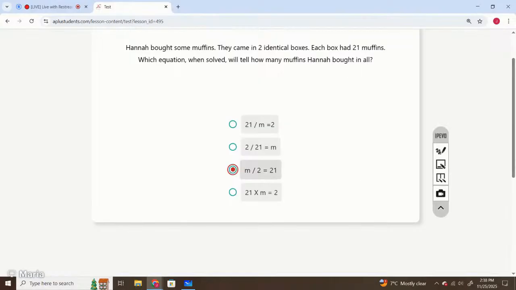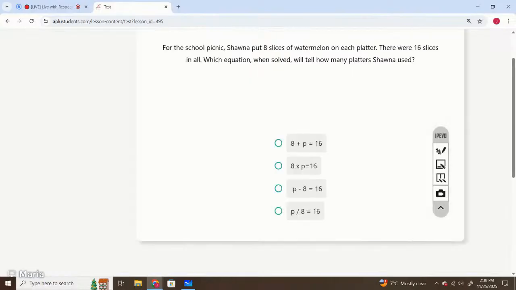That is M over 2 equals 21. Option number 3 is the correct option.